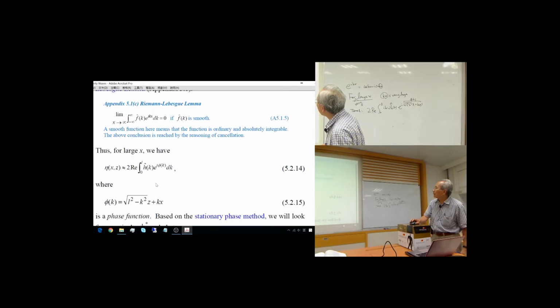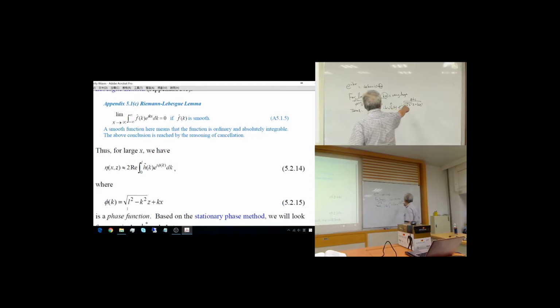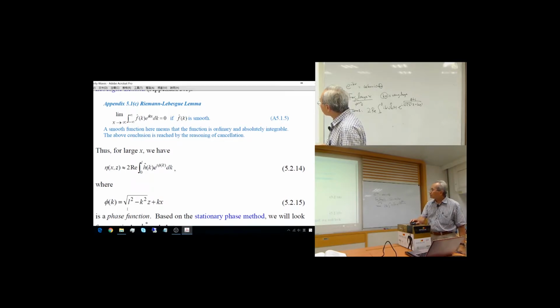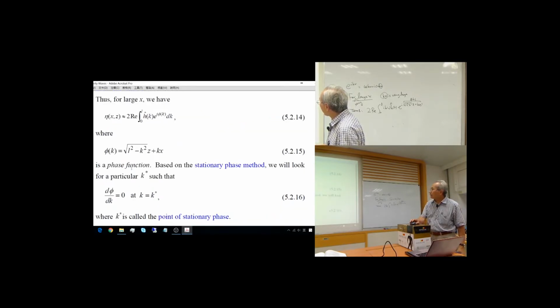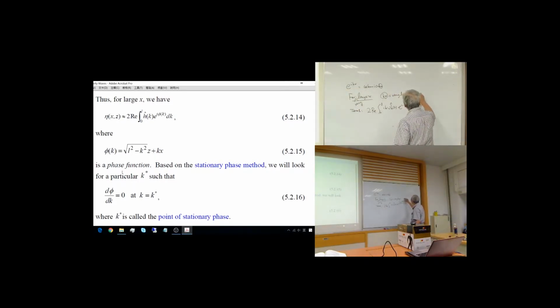We have this, and then phi of k will be equal to square root of L square minus k square times g plus kx. Now this is called the phase function because it's a phase.